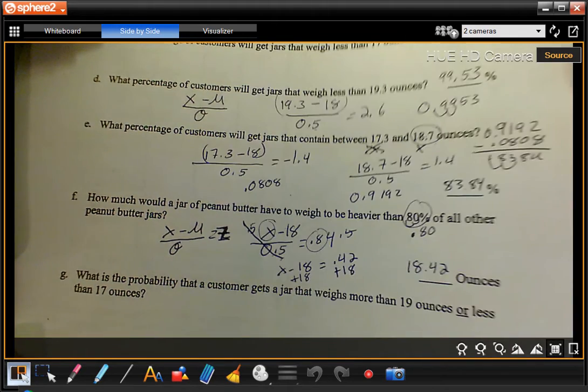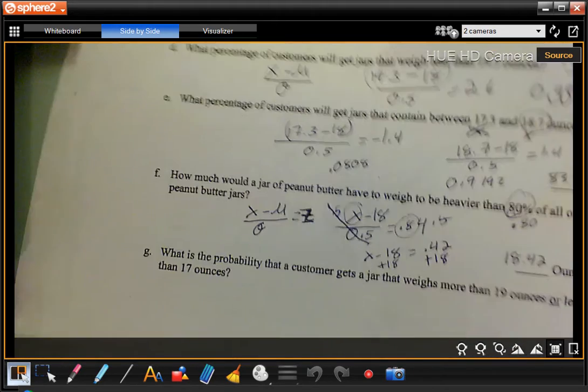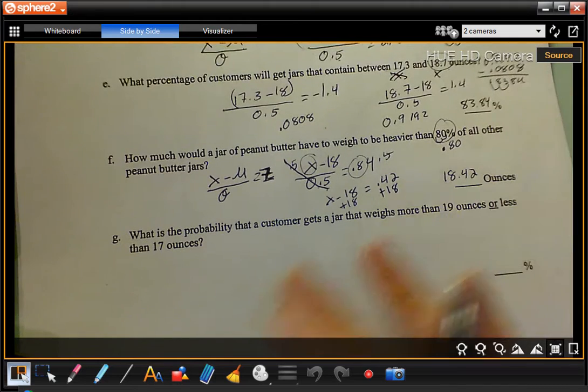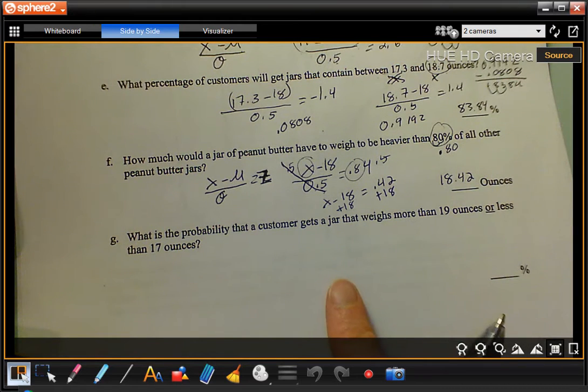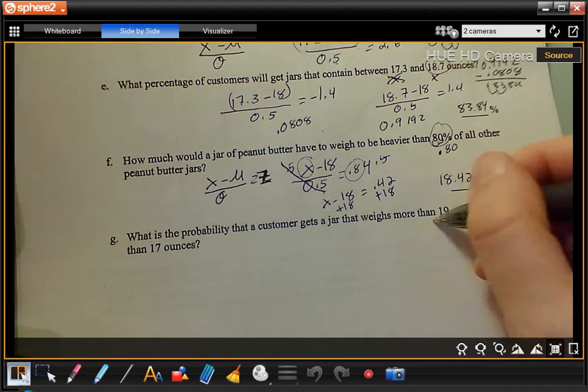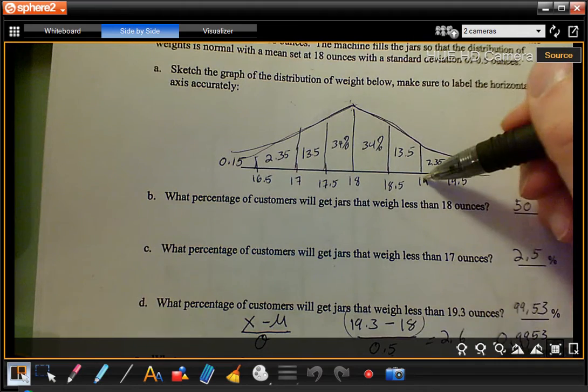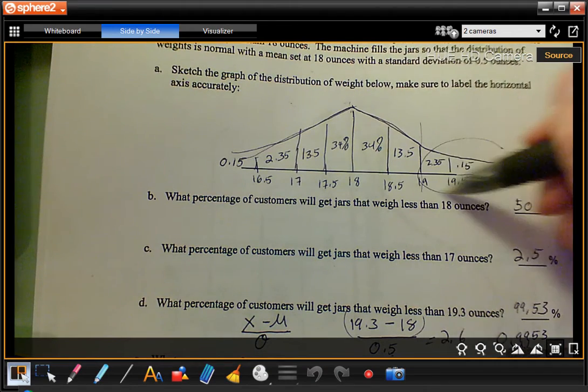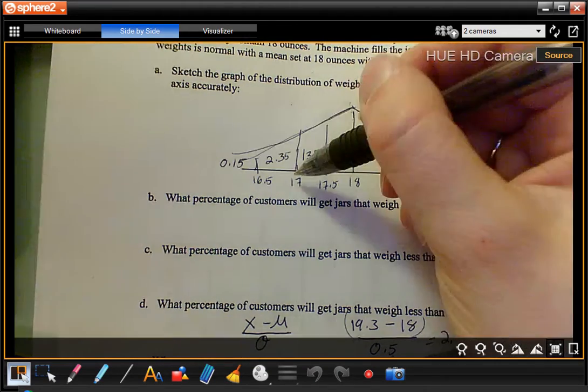We're going to go to the last one, G. What is the probability that a customer gets a jar that weighs more than 19 ounces or less than 17 ounces? Okay, so we can go back to our empirical rule for these because 19 and 17 are on our chart. We've got 19 here, so it's these, and we've got 17 here, so it's these.